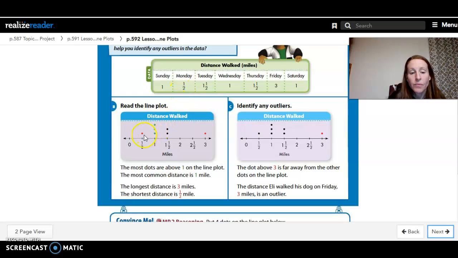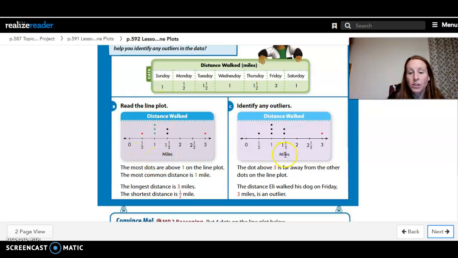Boop. Plot that. They plotted all of these numbers on the number line. So now I can read the line plot and see data much more clearly. For instance, I can see longest distance walked, 3 miles. Shortest distance walked, 1/2 mile. Most common distance walked, 1 mile. Right there.